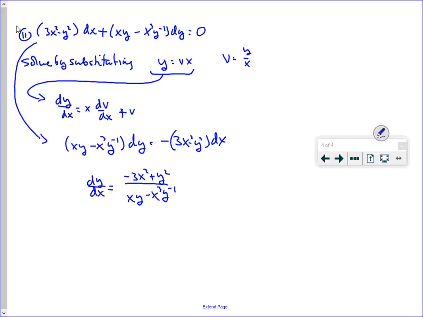Instead of dy/dx, I have x dv/dx plus v.